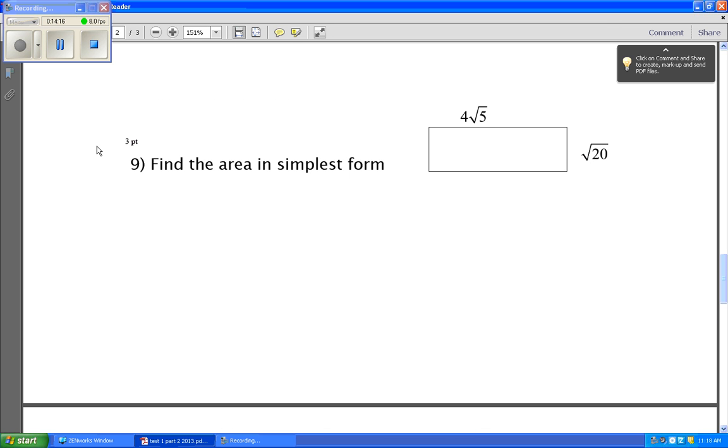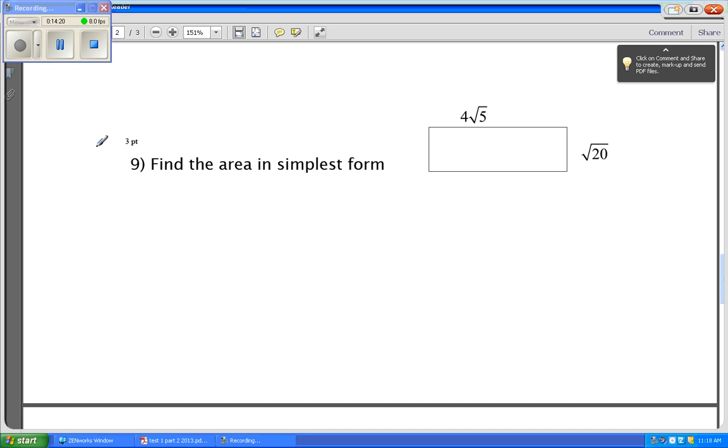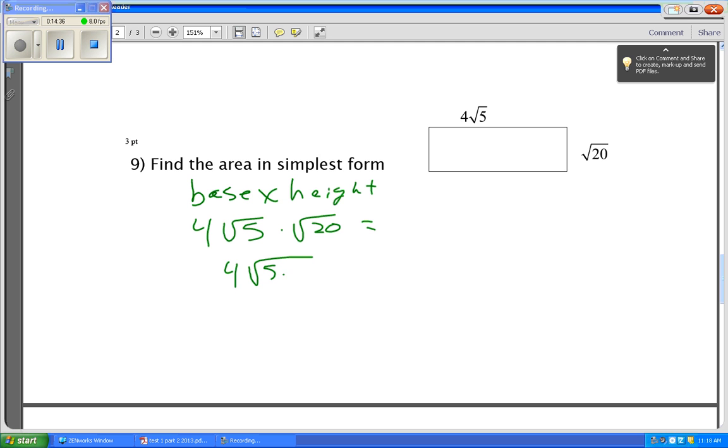Find the area in simplest form. Area is base times height. 4 square root of 5 times the square root of 20. I made this nice for you. 4 times the square root of 5 times 20 is 4 times the square root of 100.